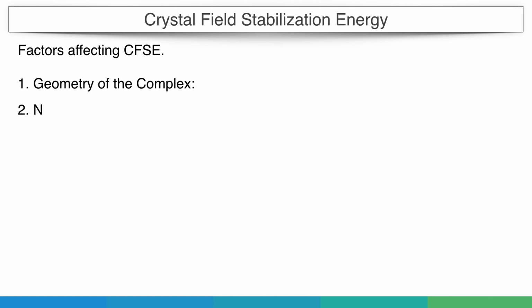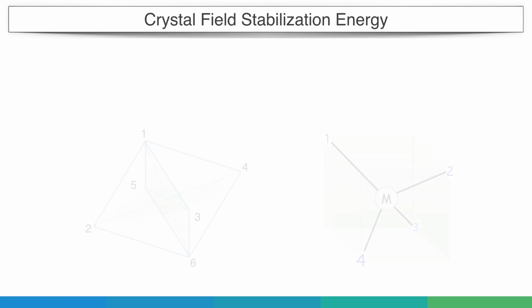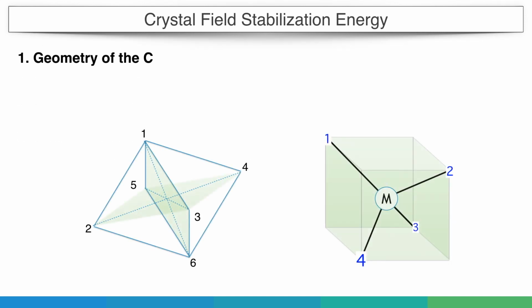Now, there are many factors which affect this crystal field stabilization energy. The main factors are: first, geometry of the complex; second, nature of ligand; third, charge on metal ion; and fourth, position of metal in the transition series. So the first one is the geometry of the complex.